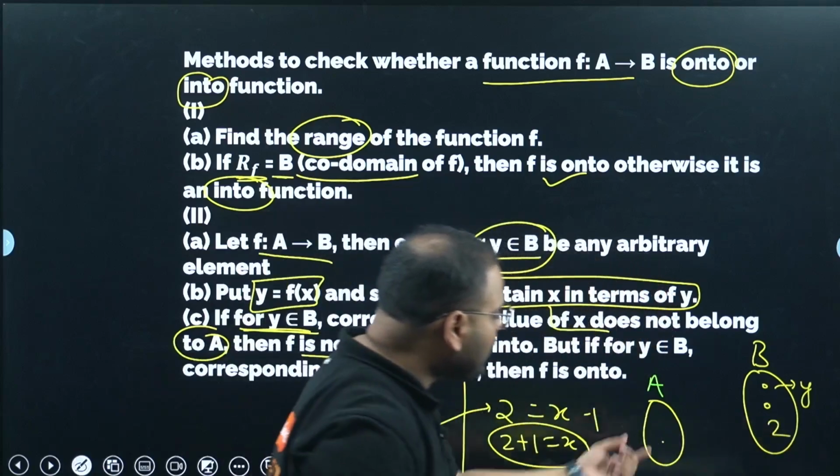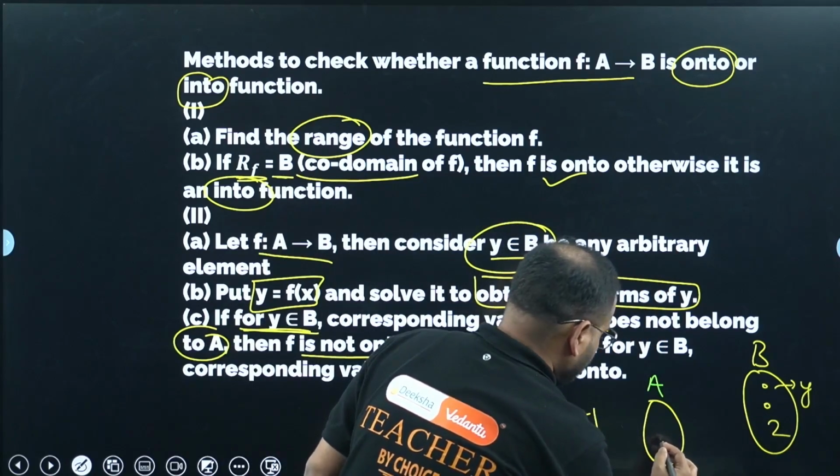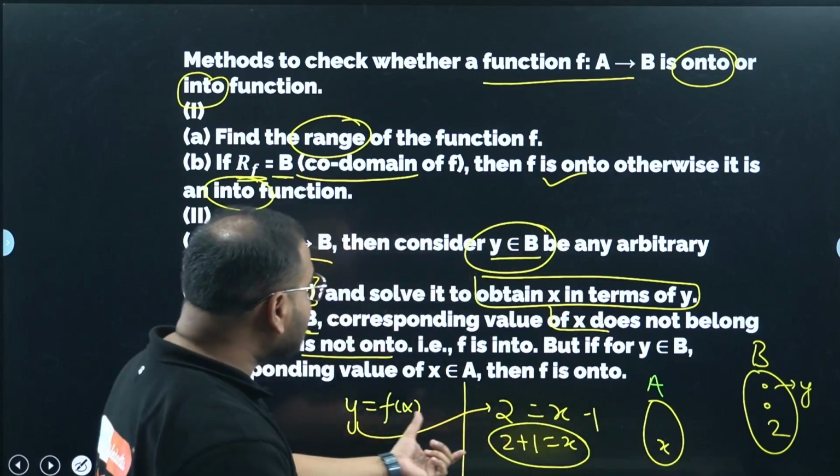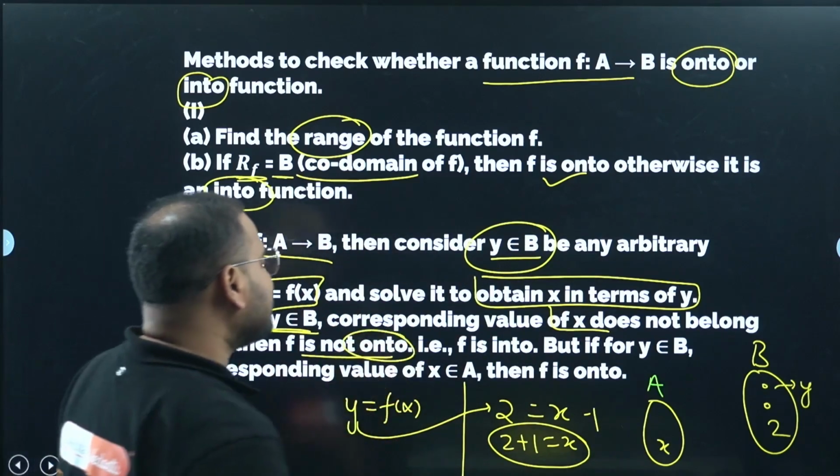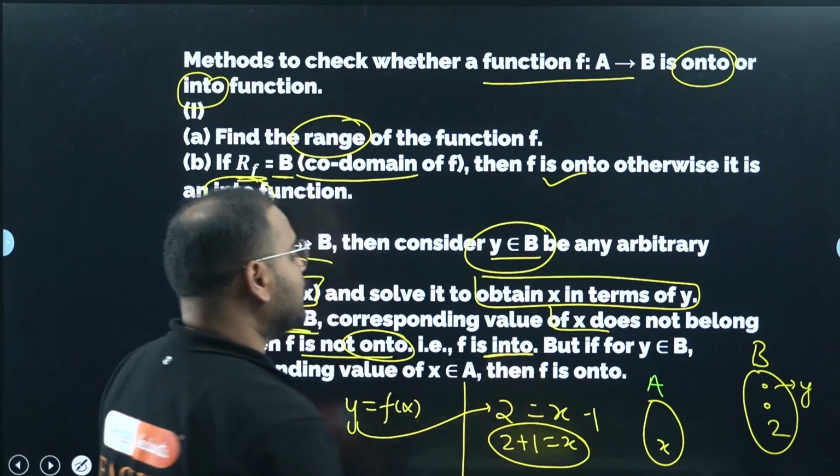So for this 2, if x, that is 3, is not in the domain, then we say it is not onto, it is into.